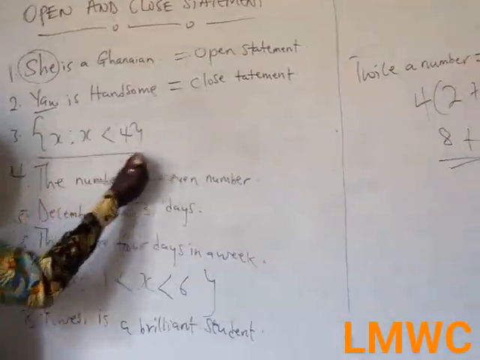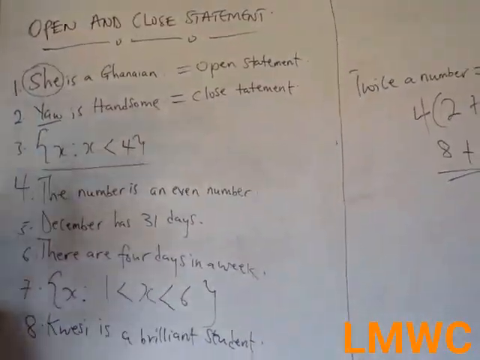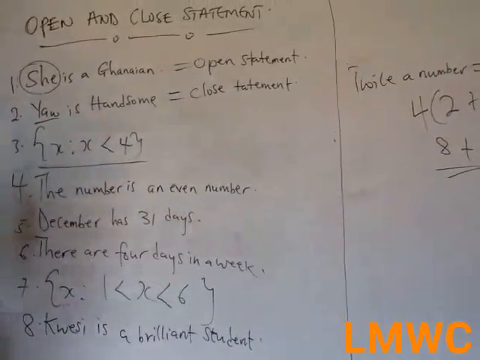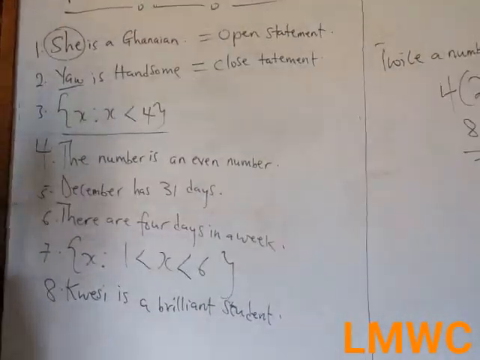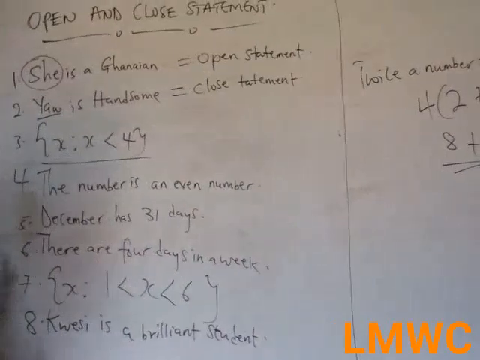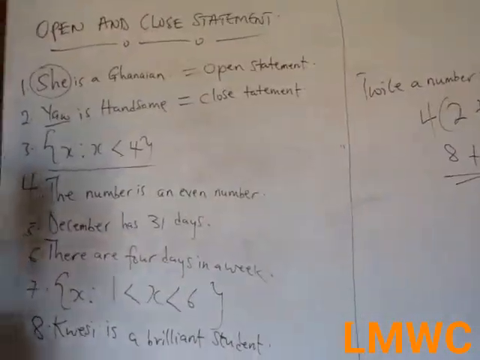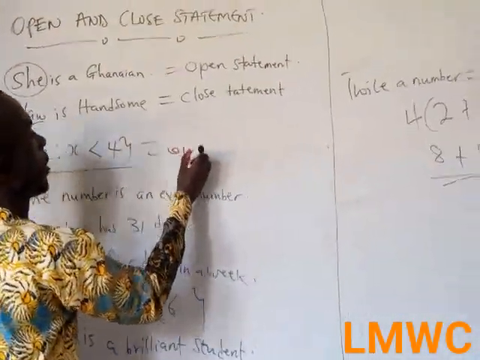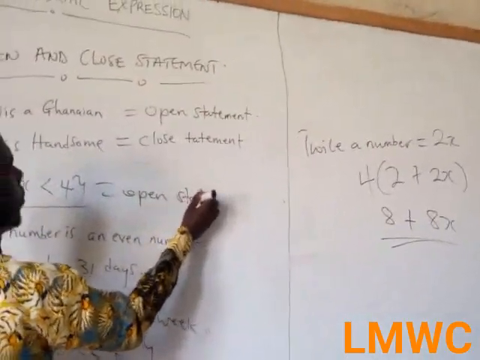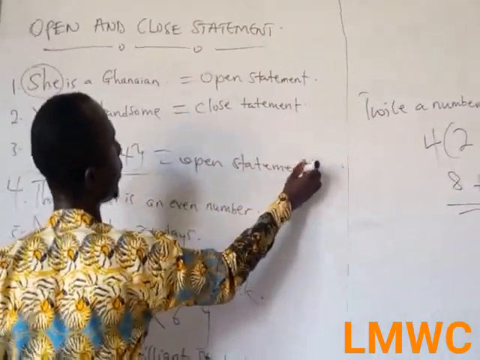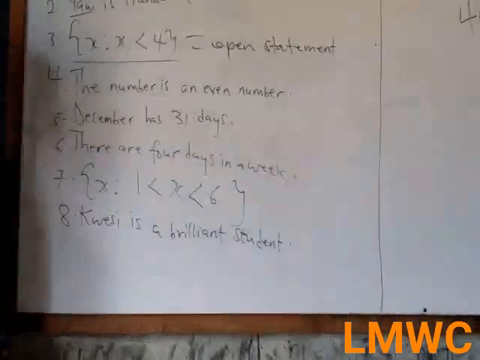They have given you this, and you have been asked to identify whether it is an open or closed statement. And this is an open statement, because it's neither true nor false.